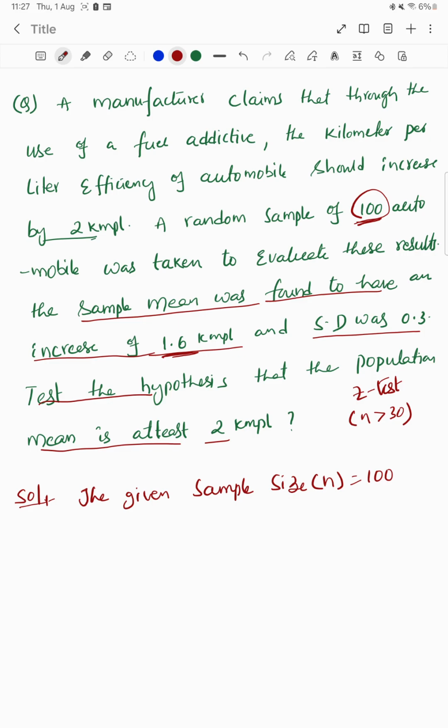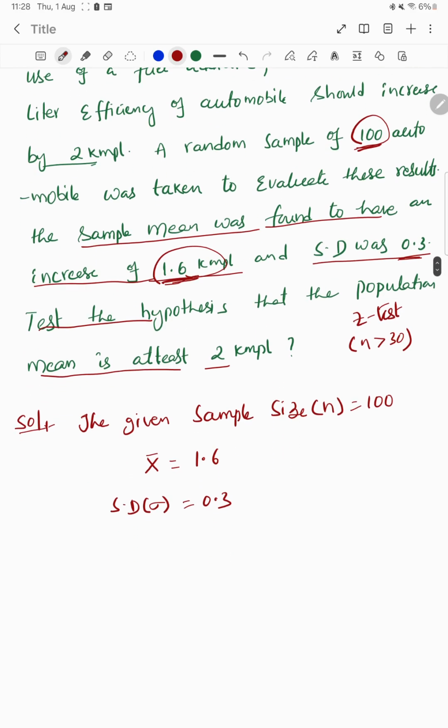Now let's write the remaining data. So the sample size we have already written, and the sample mean x bar, it was clearly mentioned, is 1.6 kilometers per hour, and the standard deviation sigma was given as 0.3 kilometers per hour.